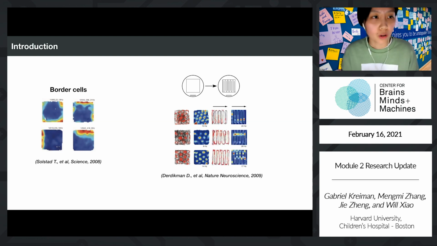But now if we put some walls in the same open area, creating this hairpin maze, and ask the rodents to run from one side to the other, we found that the grid-like firing patterns were segmented into repeated submaps, with the highest firing rates occurring most likely around the turning points of these walls. So both pieces of information suggest that neurons in the hippocampal network are capable of capturing structural information from a spatial environment.